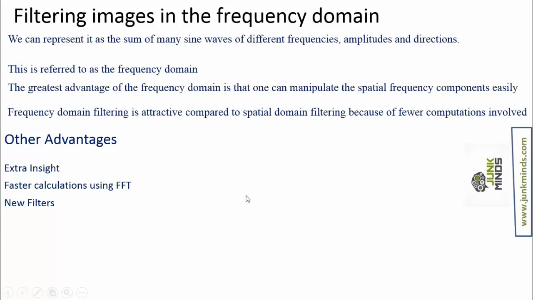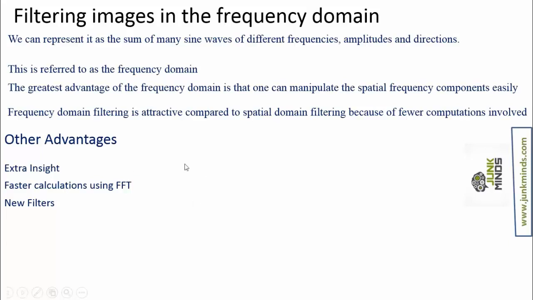Frequency domain filtering is attractive compared to spatial domain filtering because fewer computations are involved. Like I said before, the calculation in the frequency domain is very much easier than in the spatial domain. That's why frequency domain filtering is also easier as compared to the spatial domain.